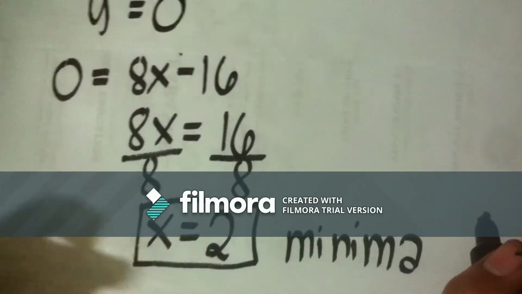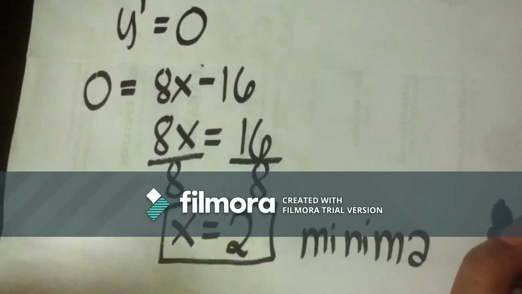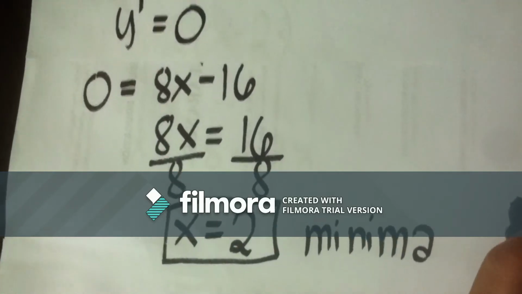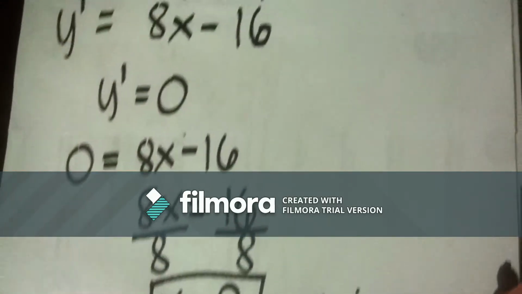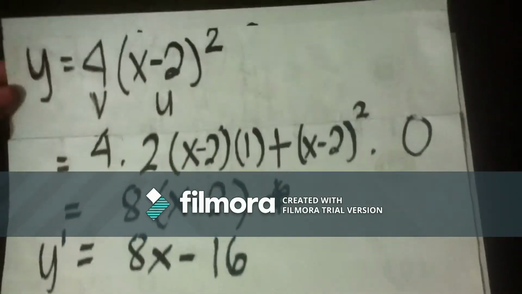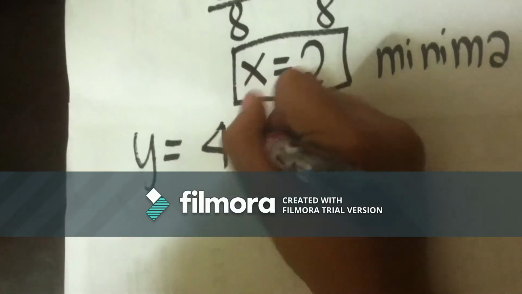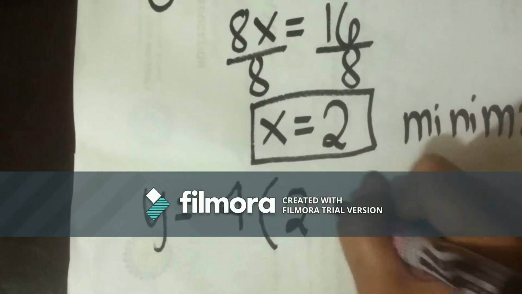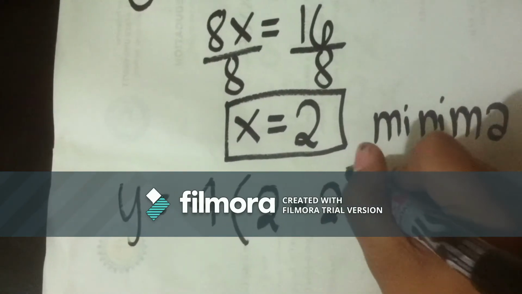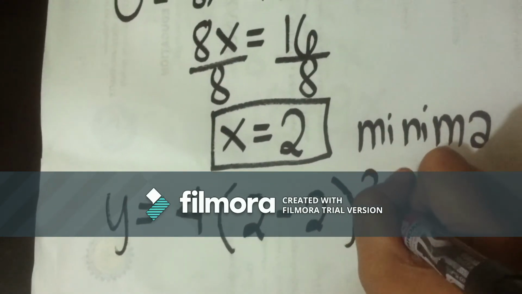Since we already have our x, we are now going to find the value of y by substituting the value of x to our original equation here. So y is equal to 4 times, substitute the value of x, which is 2 minus 2, raised to 2.